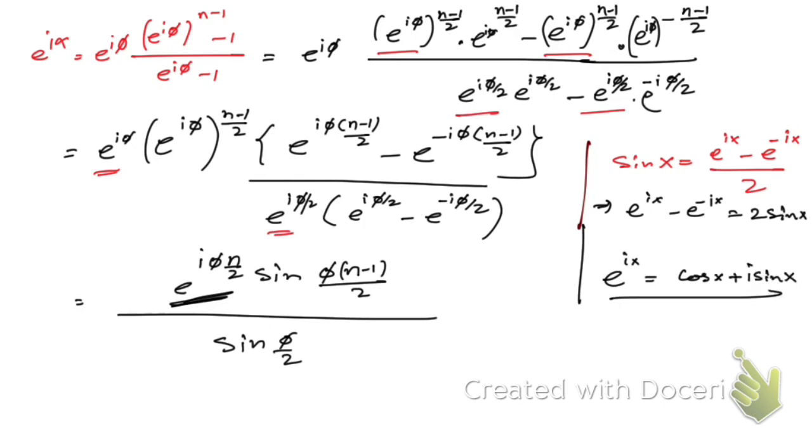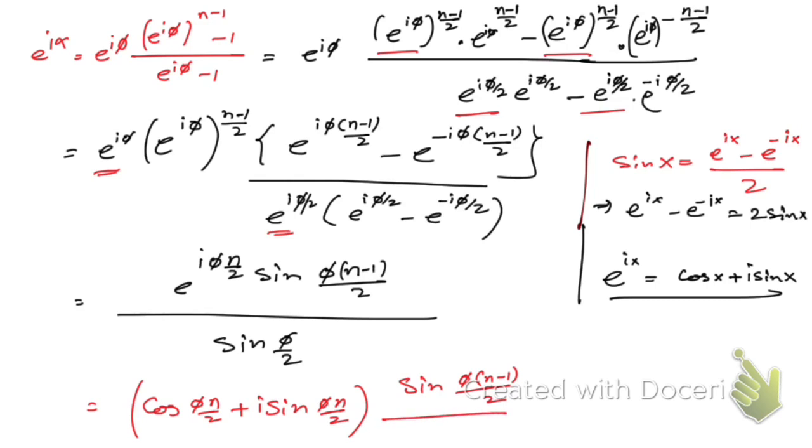So if we apply this one here, then we can write cos x plus, so instead of x we're going to write phi n by 2, plus i sin phi n by 2, into sin phi (n minus 1)/2 by sin phi by 2. That's what we're going to have.